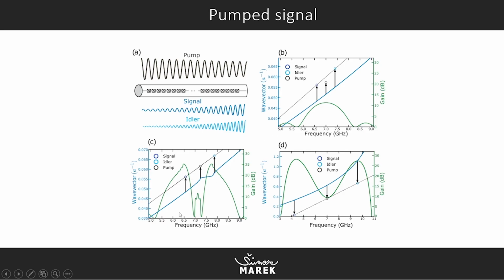You can see that by adjusting the idlers and pump signals, you will get different charts for gains. Typically, this is the chart for S21 parameters of amplifier gains.